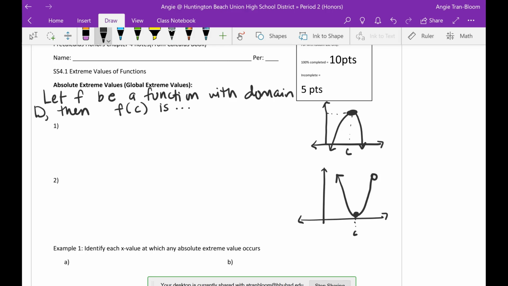So here's the formal definition. Let f be a function with the domain D, whatever domain you have.